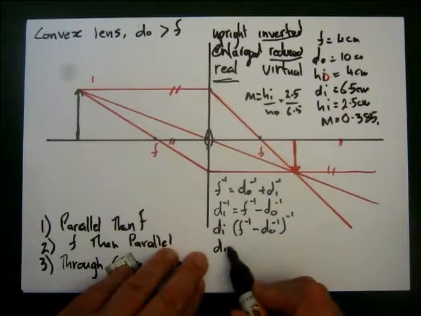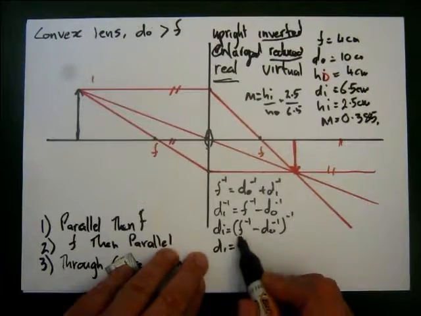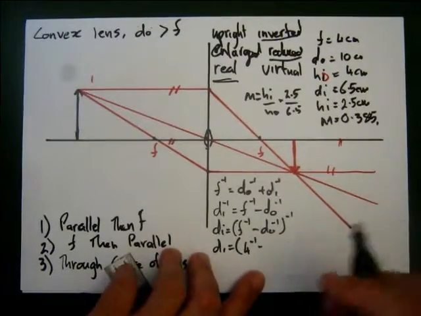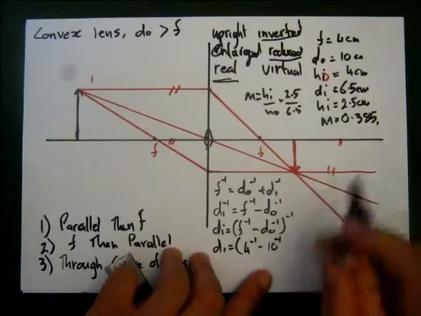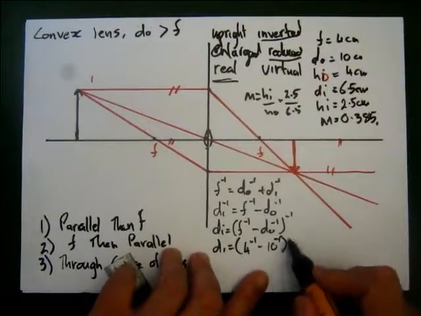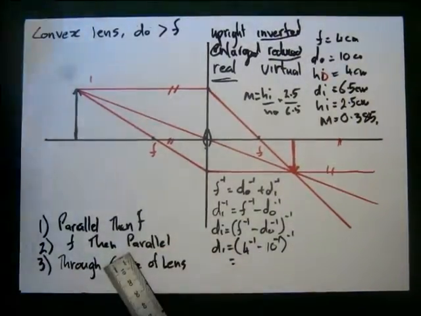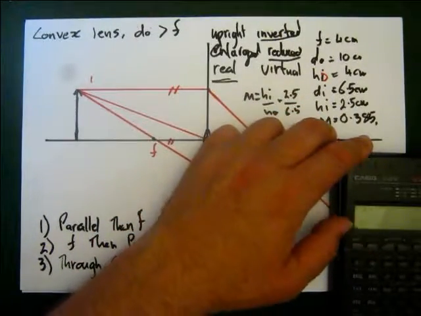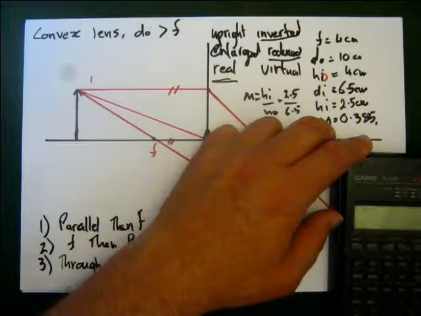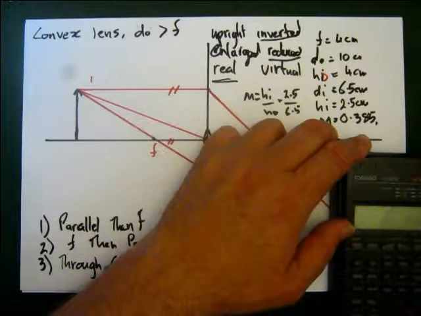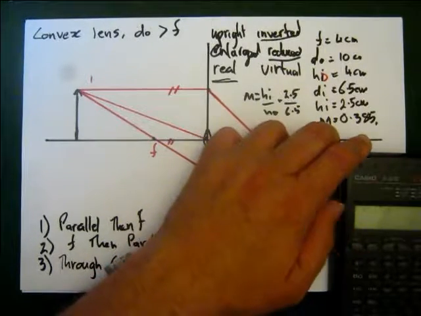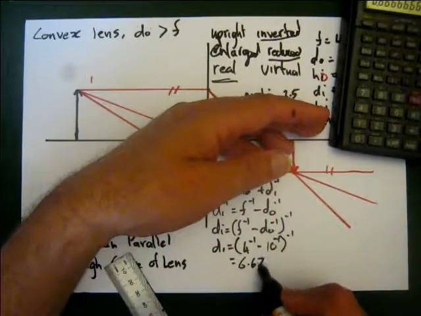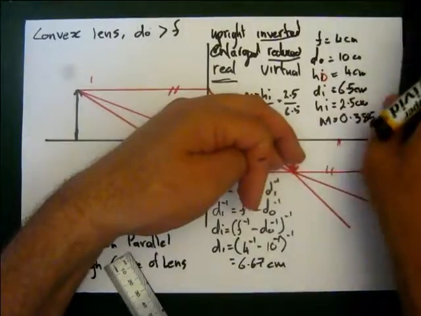So DI equals, F is 4 inverse minus 10 inverse, because the object is 10 away. Take the inverse of the lot, calculator time: 4 inverse minus 10 inverse, take the inverse, 6.667, so 6.67 centimeters.